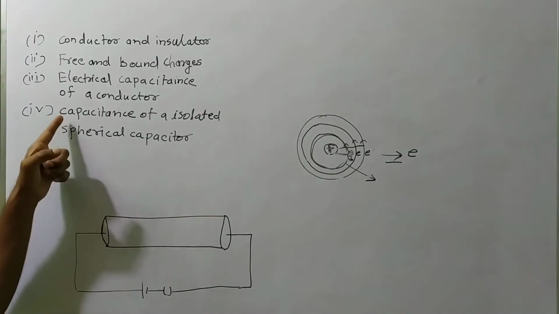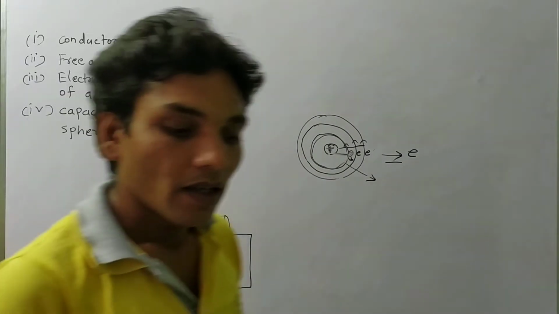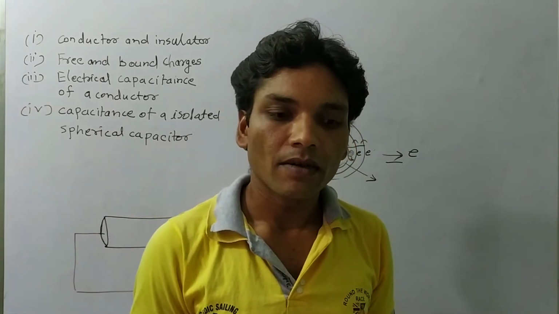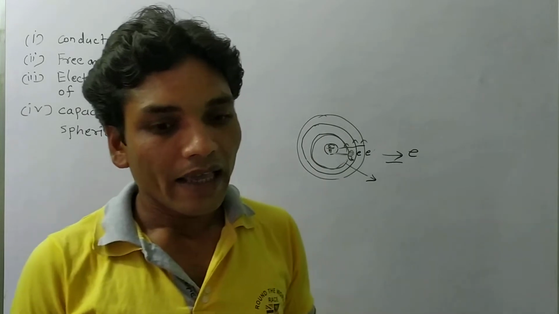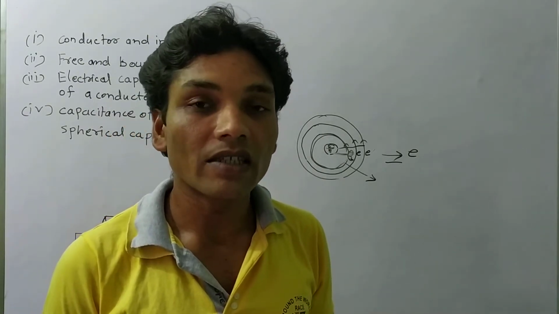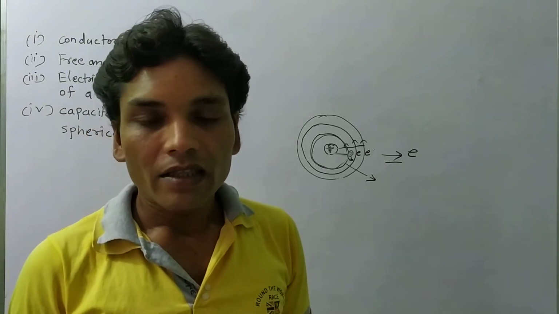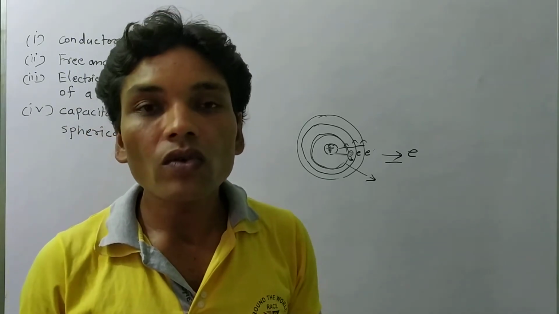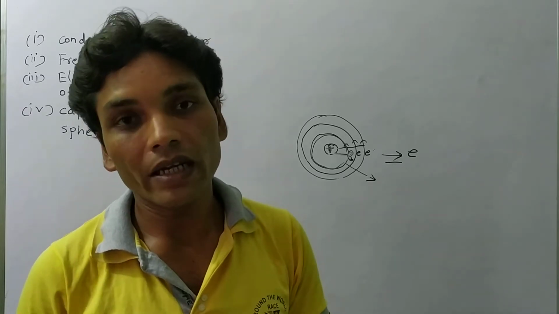Now next, electrical capacitance of a capacitor. What is capacitance? When an external field or external charge is applied on a conductor, the conductor can store the charge or store the electric field.